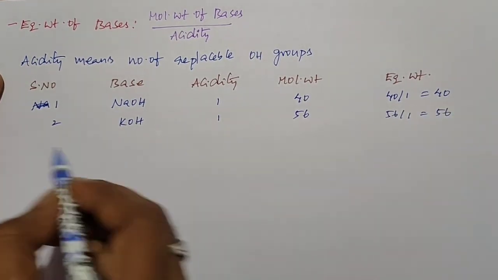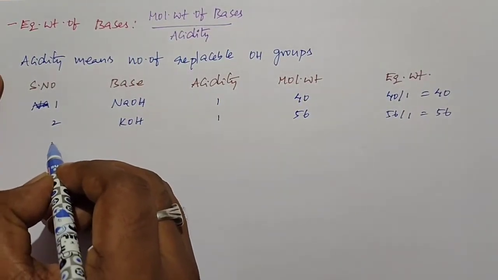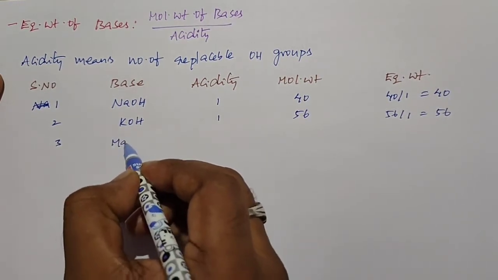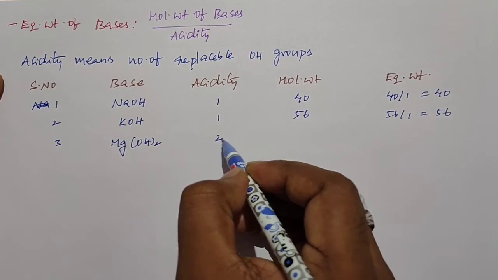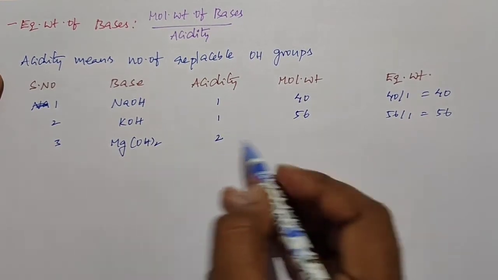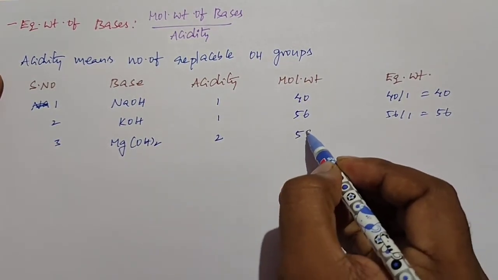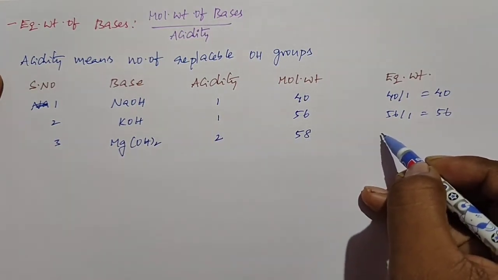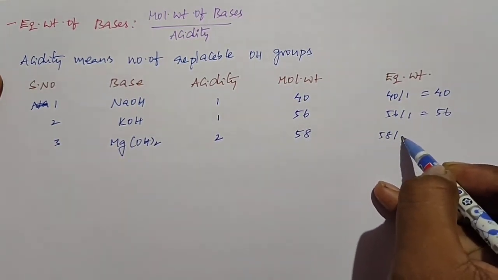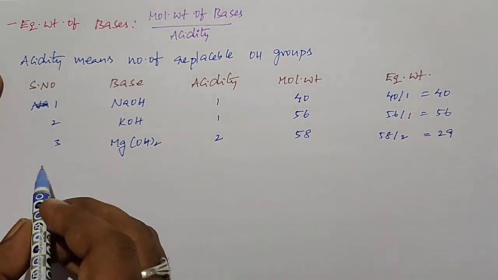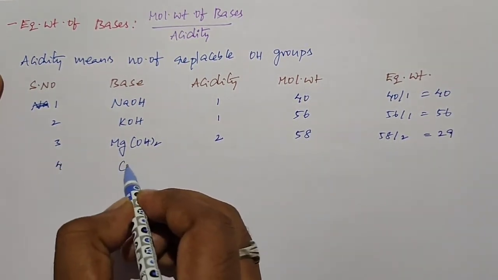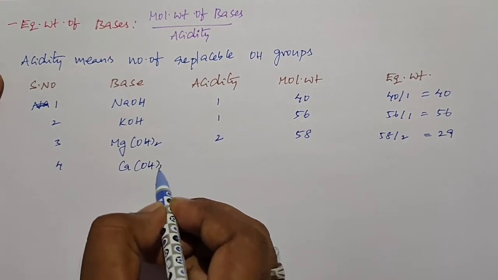The next one is magnesium hydroxide, Mg(OH)2. Acidity is equal to 2, because 2 OH groups are there. Molecular weight is 58 and equivalent weight is 58 by 2, we get 29. The next one is calcium hydroxide, Ca(OH)2.